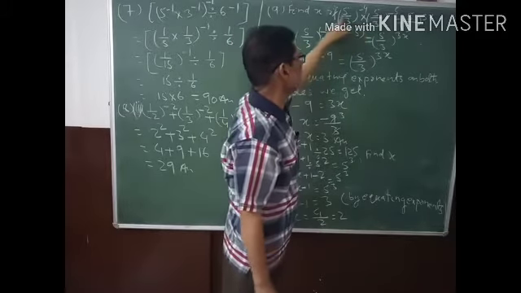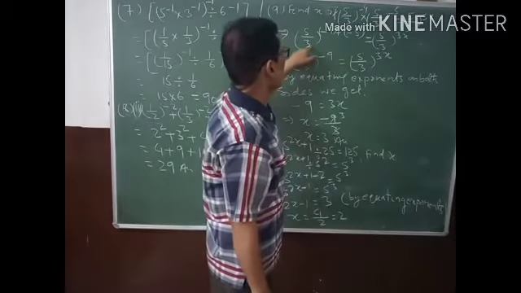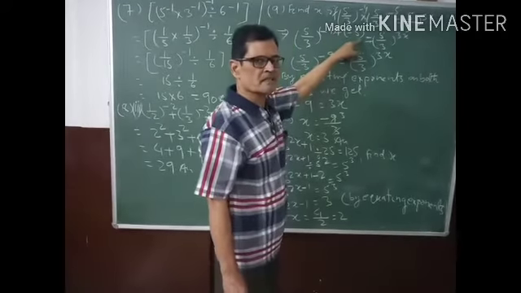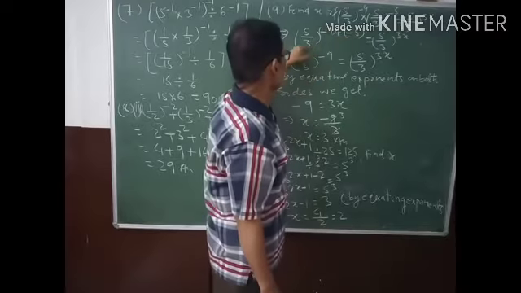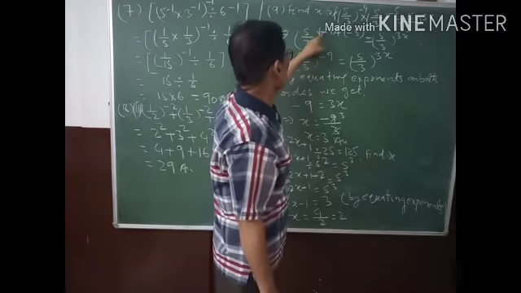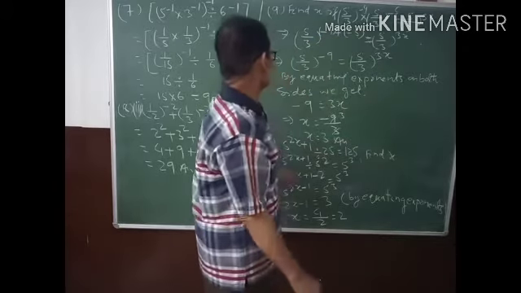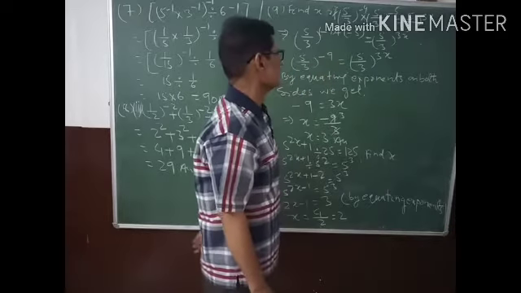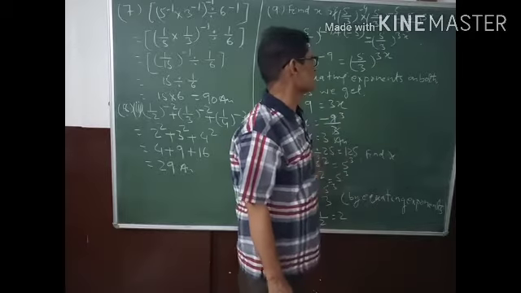Bases are same, 5 by 3, 5 by 3. So in multiplication you know if the bases are same then you can add the exponents. So we can write here 5 by 3 to the power minus 4 plus minus 5. This will become 5 by 3 to the power minus 9. This is also 5 by 3 to the power 3x.